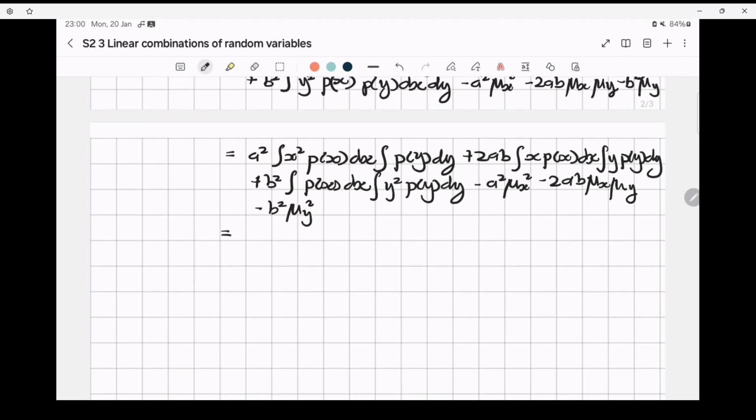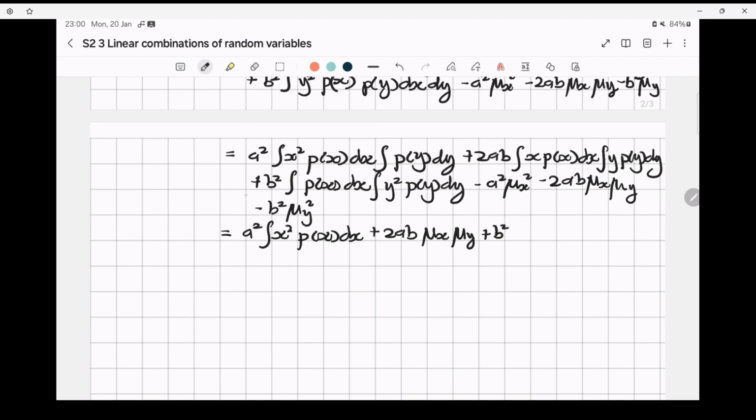So the first one will give you a square integrating x square px dx, and the last integration gives you 1. Then you have 2ab, integrating the first one will give you mu x, integrating the second one will give you mu y, plus b square.